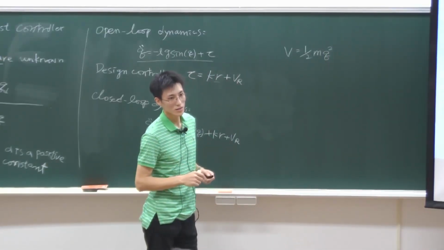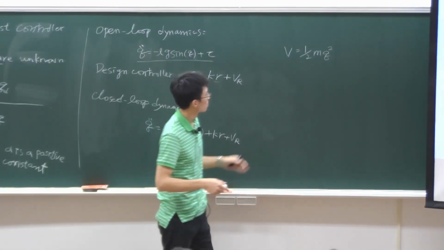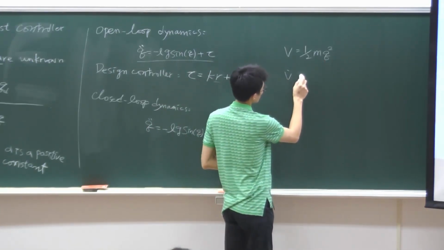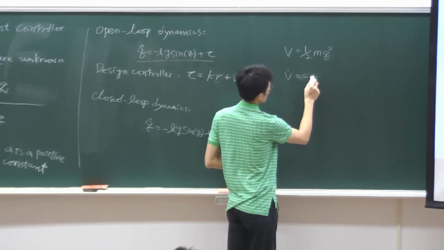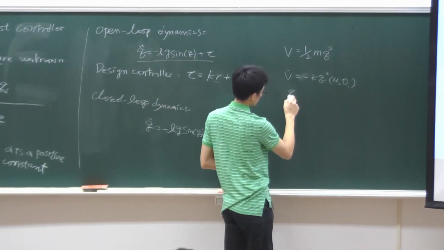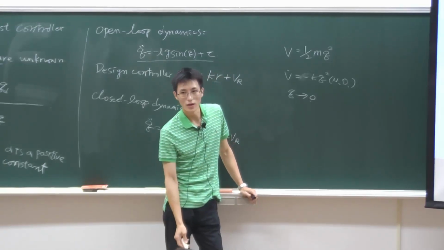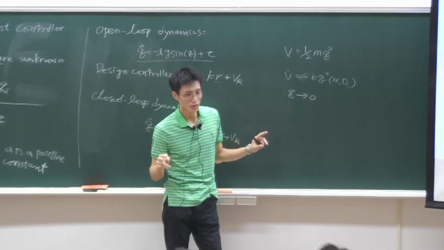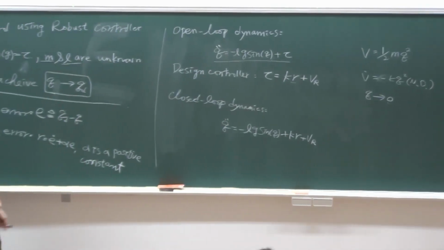It's different. If you put this, your intention is to show something like q squared, and you're trying to show q goes to 0. But here we are not doing regulation, we are doing tracking, which is this.